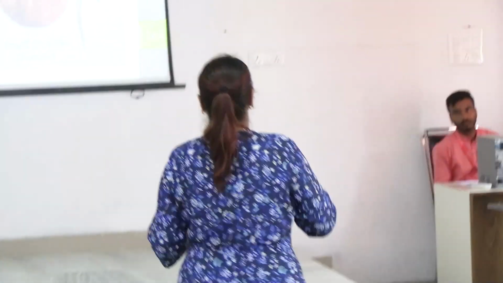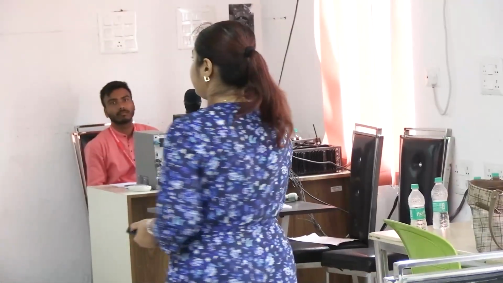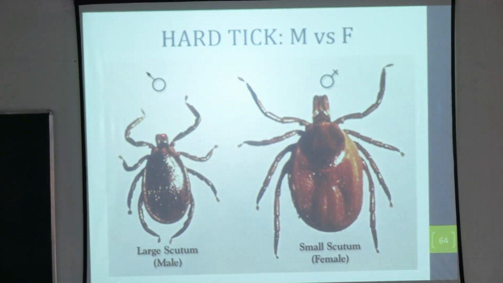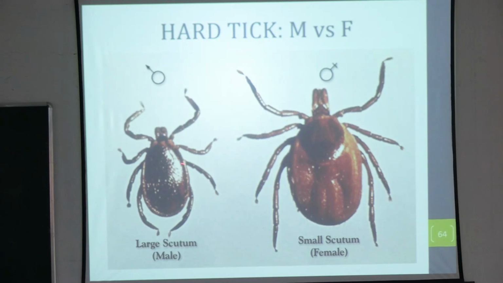So hard tick, male versus female, how to differentiate? As we know, males are smaller in size than the females. The capitulum is visible, the dorsal shield is present, and there is a large scutum. Large scutum means the dorsal shield is quite large, covering the whole abdomen or body.